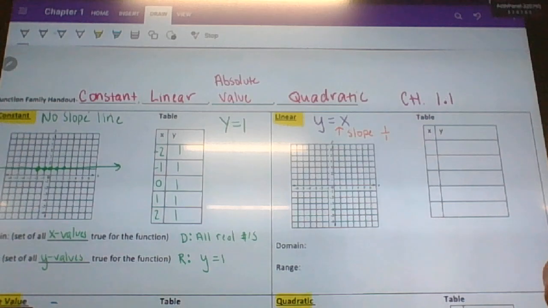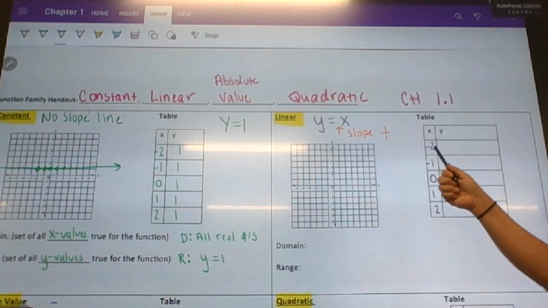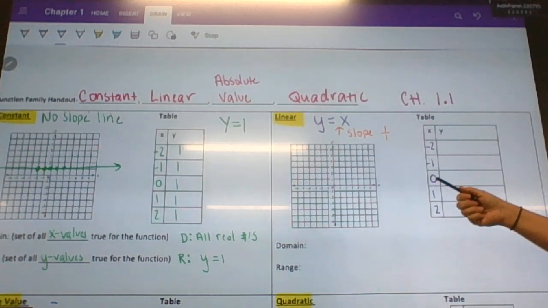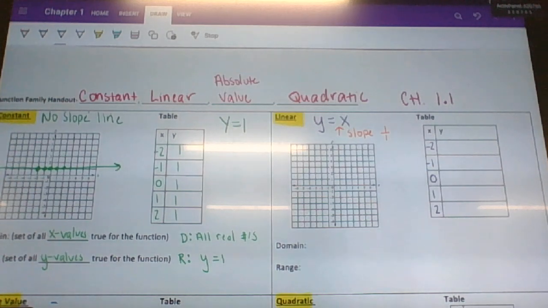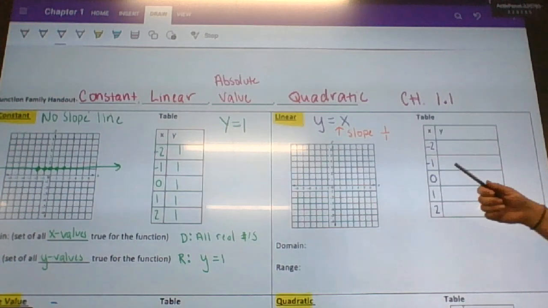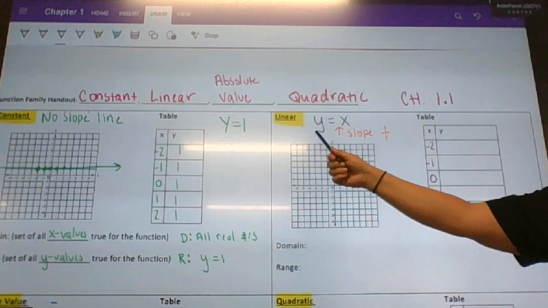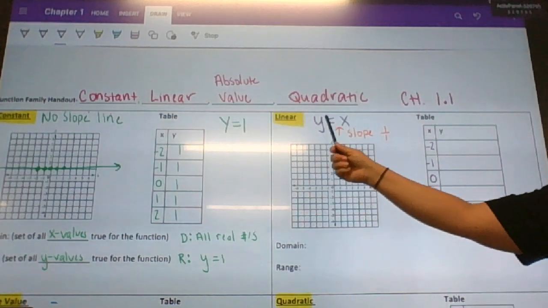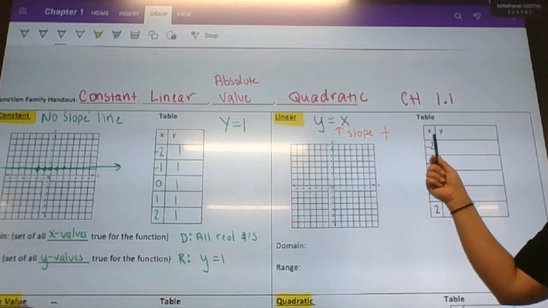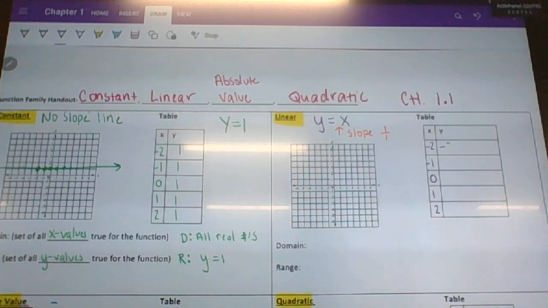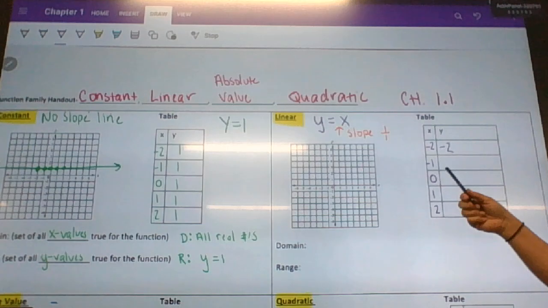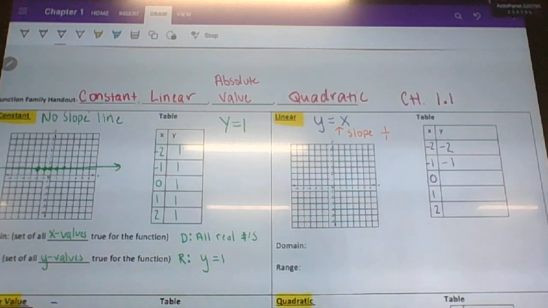Same table. We have -2, -1, 0, 1, 2 as the x values. Because the equation literally says y is the same as x, y equals x, when x is -2, y is -2. When x is -1, y is -1.